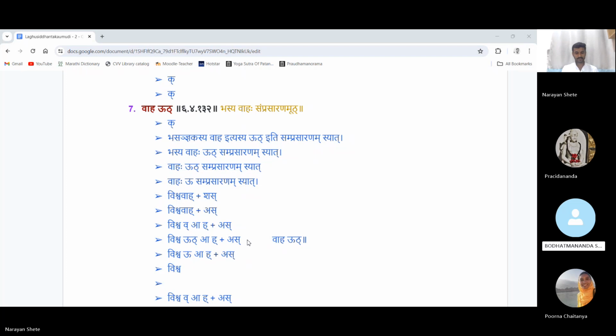So what I am asking is about the Apodha shabda. In Apodha shabda, Apa is the upasarga. Udha has come from Vaha Dhatu. Yes, Swamiji. So that Vaha becomes Udha, Samprasarana.